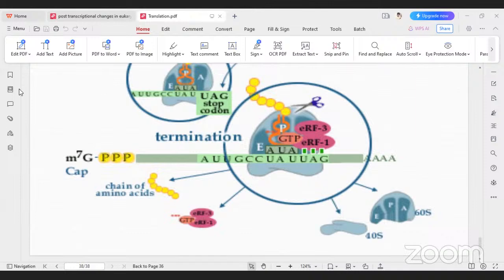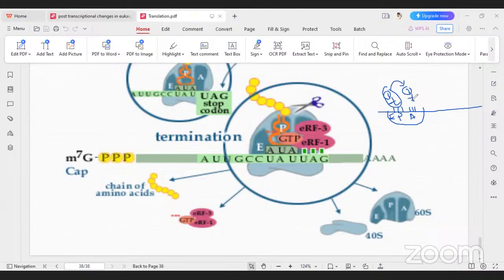Now let's see the simple process here. For example, this is mRNA with codons. On the 40S subunit, the first amino acid tRNA is already here. This is the P site, the A site, and this is the E site. The second tRNA comes in. The first amino acid forms a bond with the second amino acid.